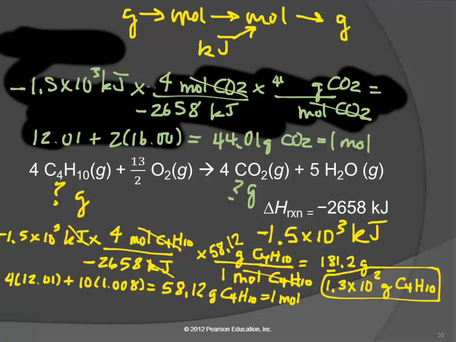So we've got 44.01 to 1 mole, times 4, times... I did this one wrong yesterday, 99. I learned from my mistakes. I forgot to multiply by 4. 99 grams of CO2. Again, we're rounding to 2 sig figs.